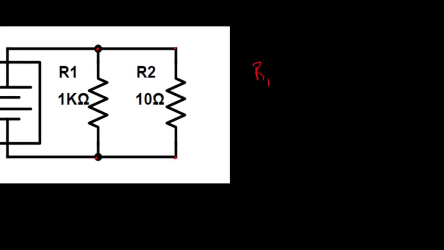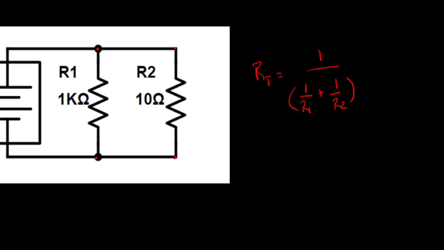Now there's a couple different ways we can find the equivalent resistance. First I'm going to use the formula. Remember, that formula says that the resistance total, or RT, is equal to 1 over the sum of 1 over R1 plus 1 over R2. It looks worse than it is, if you do this in your calculator.